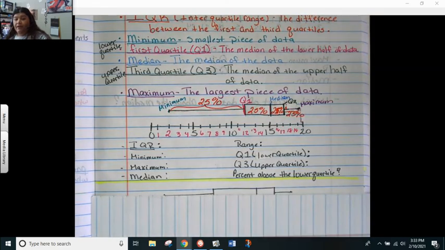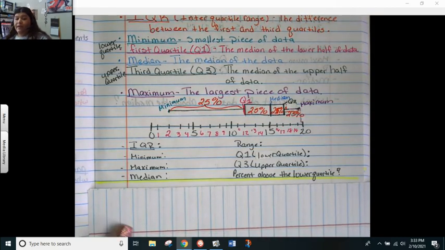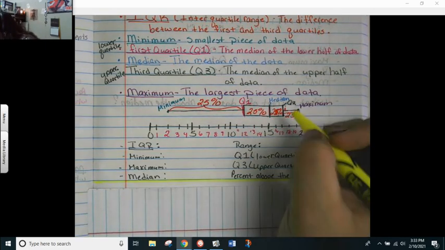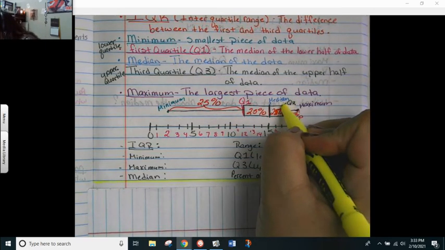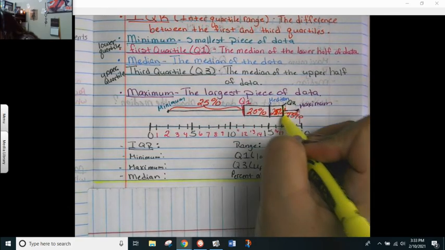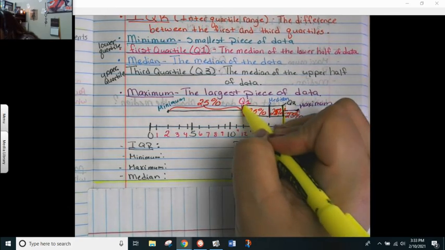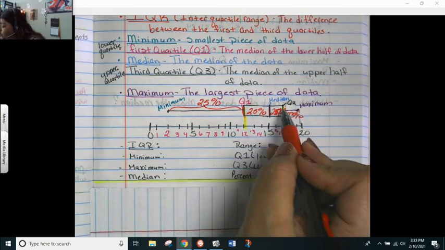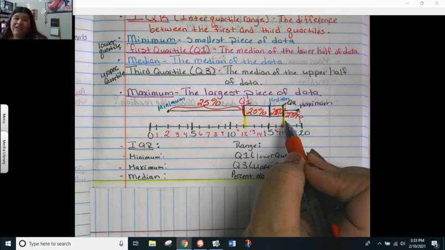So, let's take a look at the IQR. The IQR, interquartile range, is the difference of Q3, so here's Q3, it's above the 17, and Q1, which is 12. I just want to know what is the range in the boxes.